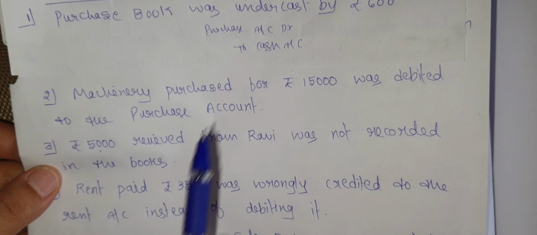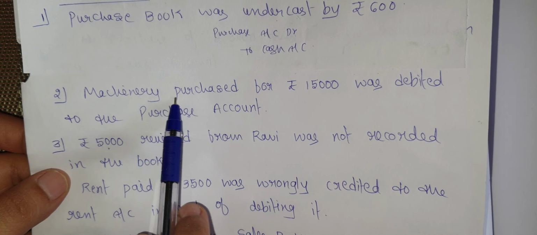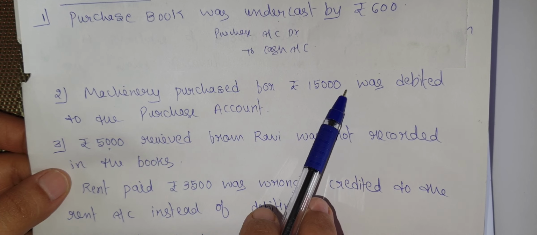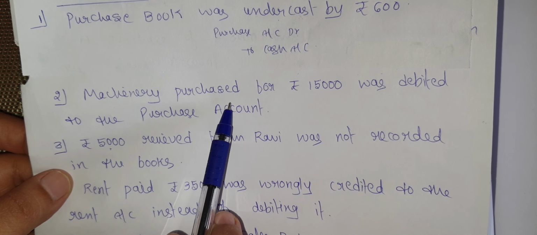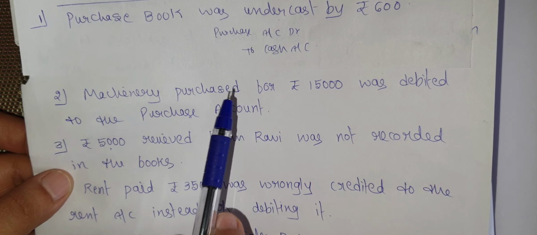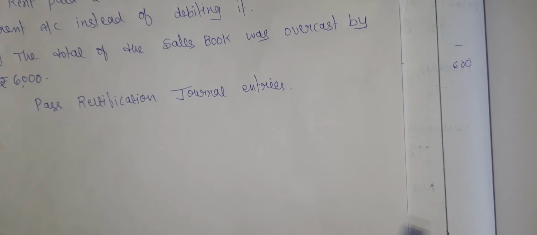See here, first what we have to do? We have to write down the correct entry. Here machinery purchased for rupees 15,000 was debited to the purchase account. Here what is the correct entry? Machinery account debtor to cash account. That is the correct entry.